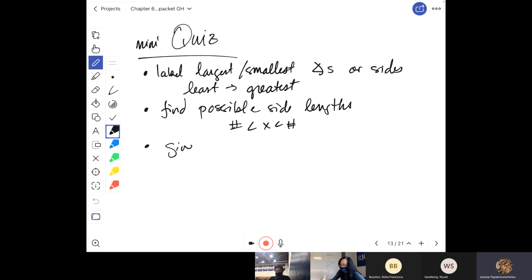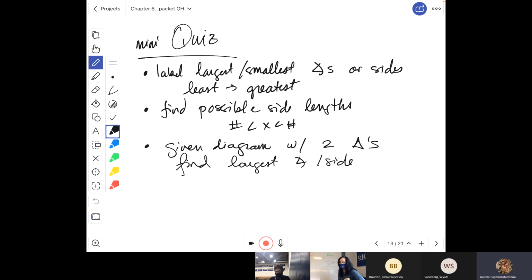Then if you are given a diagram, of course we always label it if we were writing on paper, but if we have 2 triangles, we should be able to find the largest angle or side given information. Because we know that the longer side is opposite the longer angle, right?